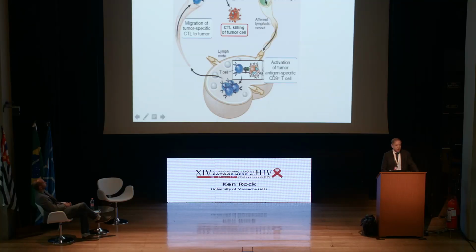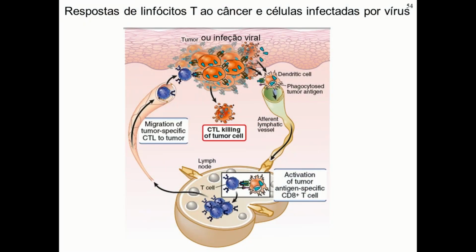And if there is, to take information about that problem and take it into the lymph node where the CD8 T cells are to wake those cells up, wake up the specific cells that can then go out to find the cancer or virally infected cell and eliminate it. And it finds it via the mechanisms that we talked about.